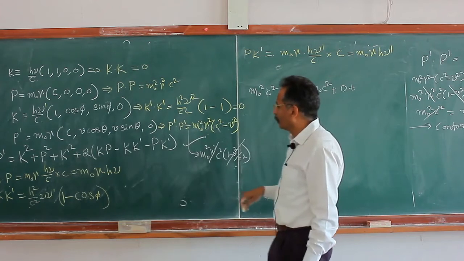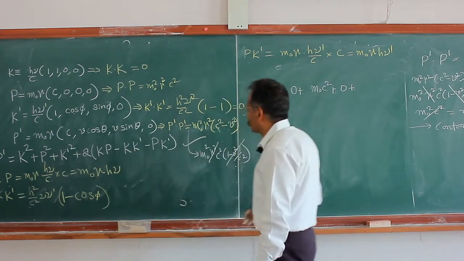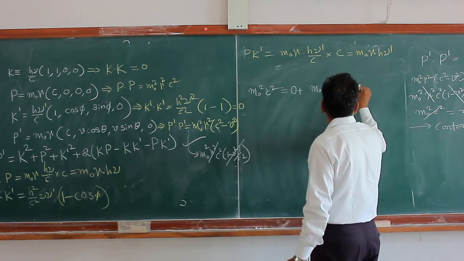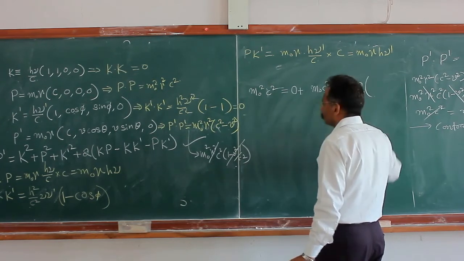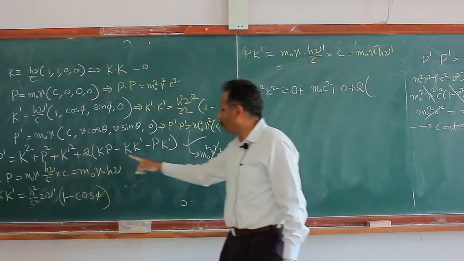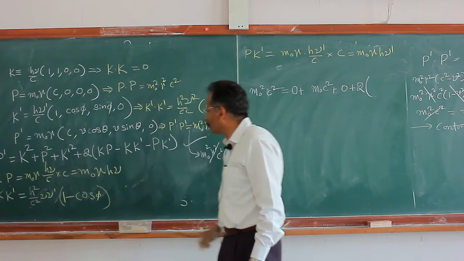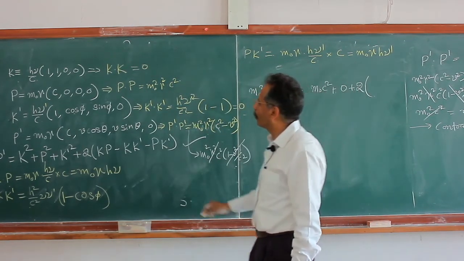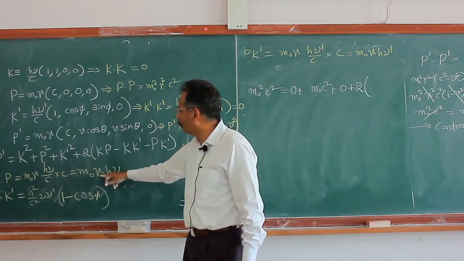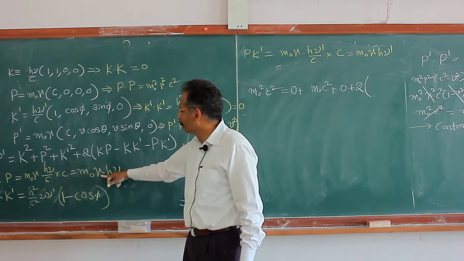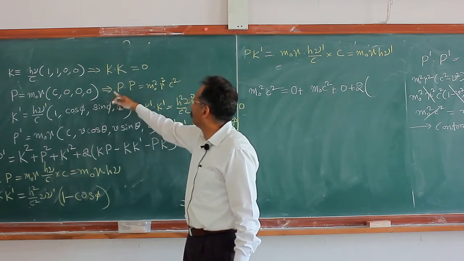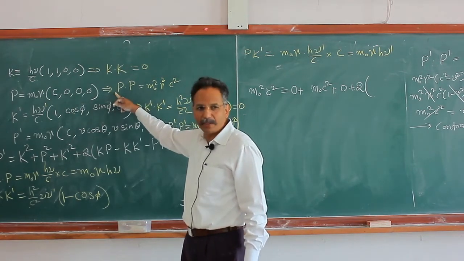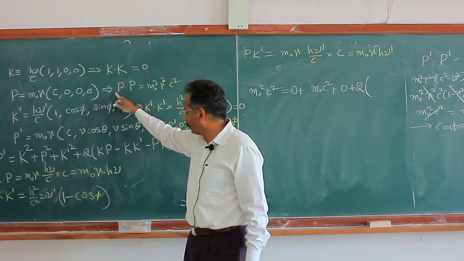So m0 square c square plus k dash square, this is 0, plus 2 times kp, that is m0 gamma h nu. Is this gamma unity? In the case of p, gamma is 1. Am I right?